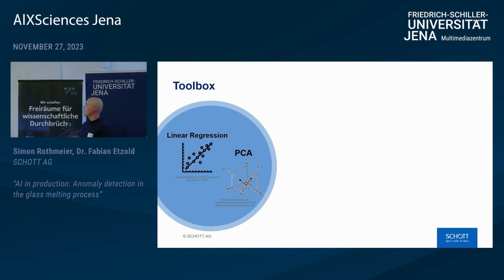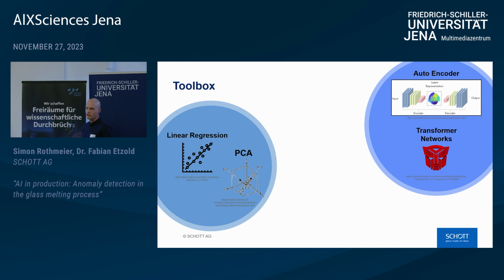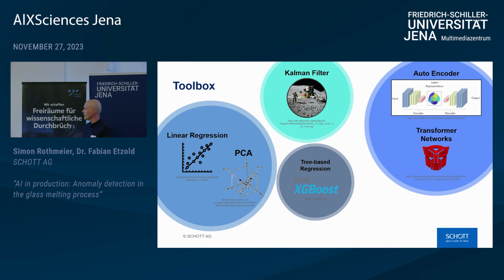We also explored artificial neural networks like autoencoders or transformer networks with self-attention, which also work pretty well on time series. Also tree-based methods, classical filtering models like the Kalman filter, and we also want to apply hybrid modeling in the future.